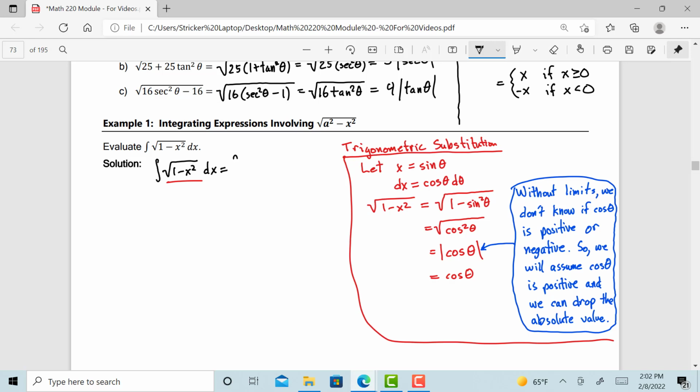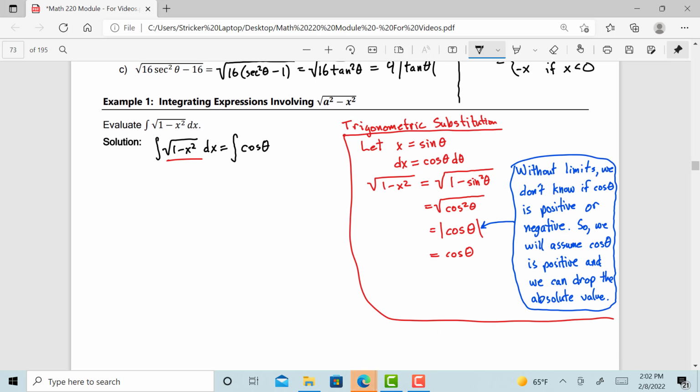this integral can be rewritten because we just saw that the square root of 1 minus x squared is equal to cosine theta. And then we know that dx is equal to cosine theta d theta. So again, let's label these.